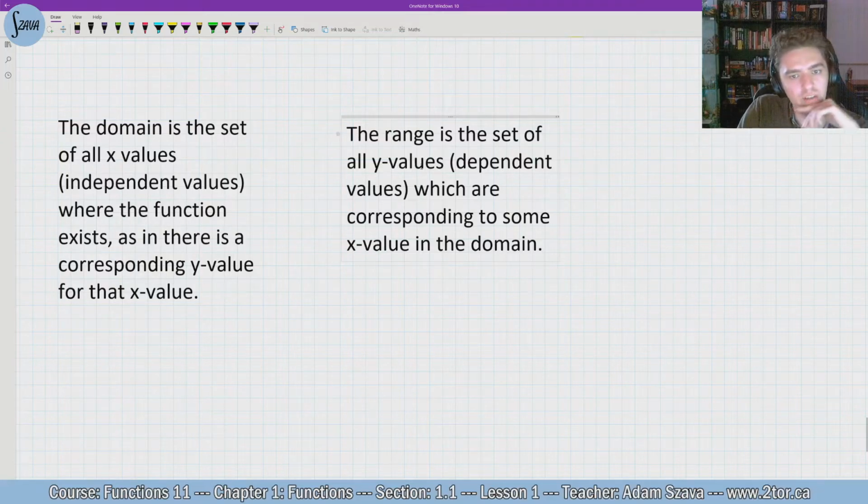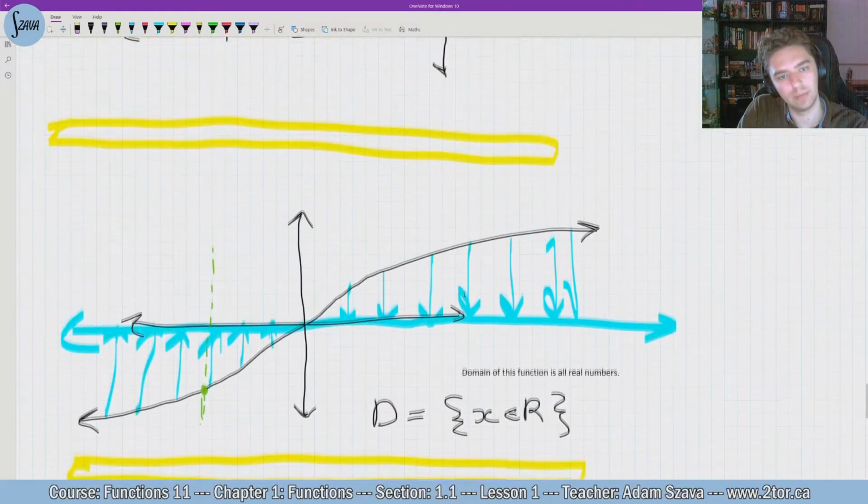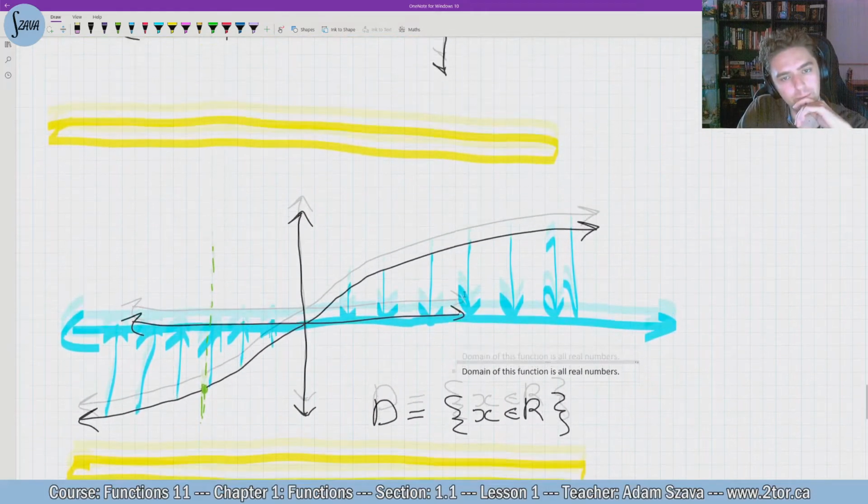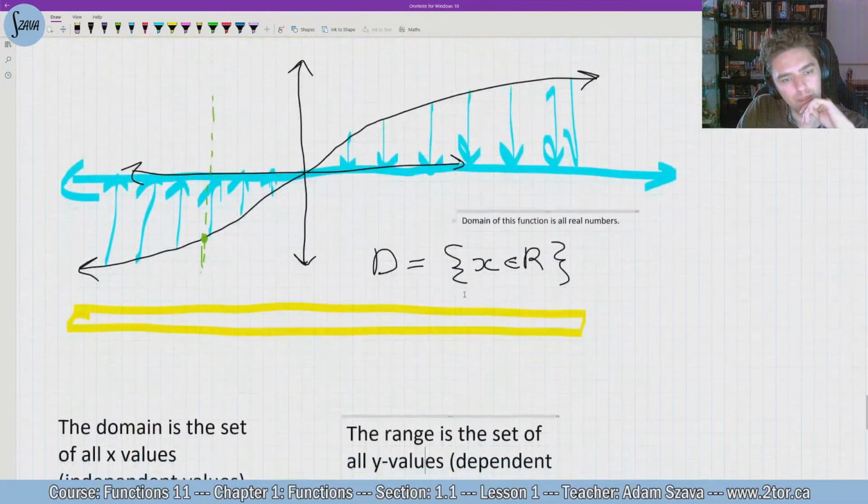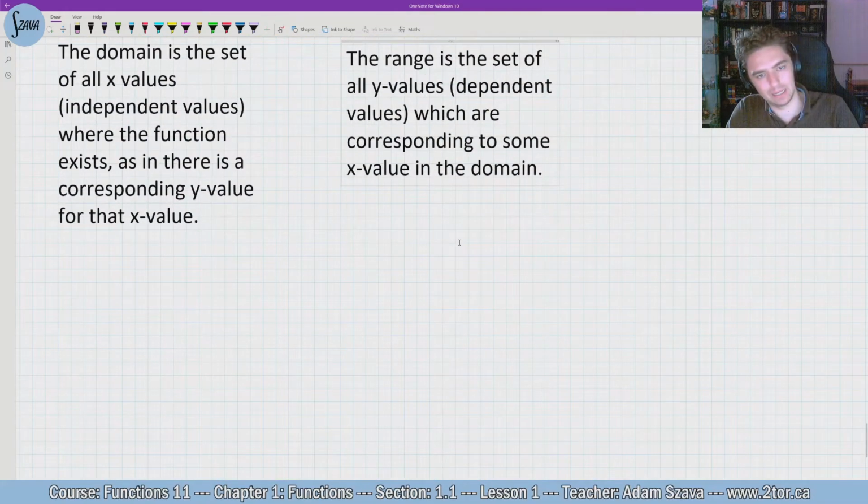The range is a set of all y values, dependent values, which are corresponding to some x value in the domain. Right? So, let's look at some examples of what that exactly means.